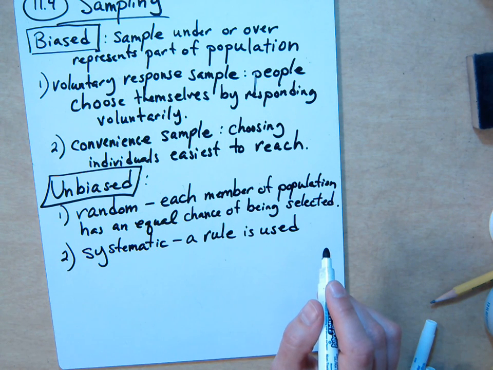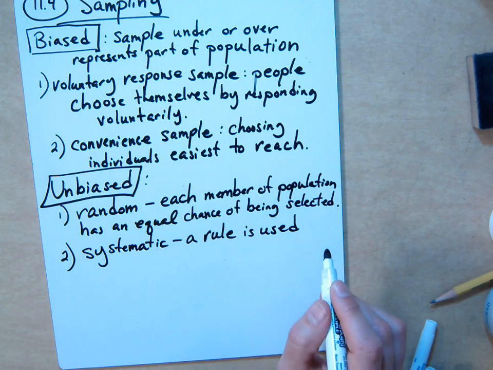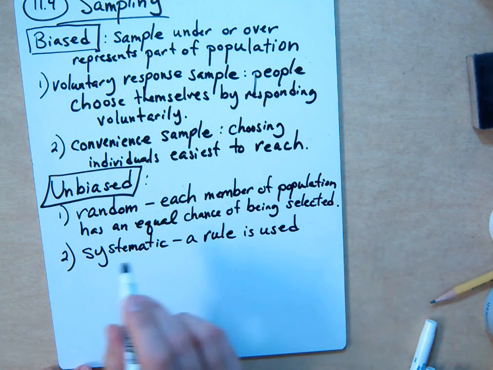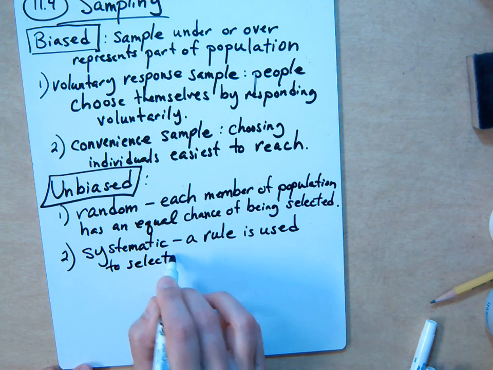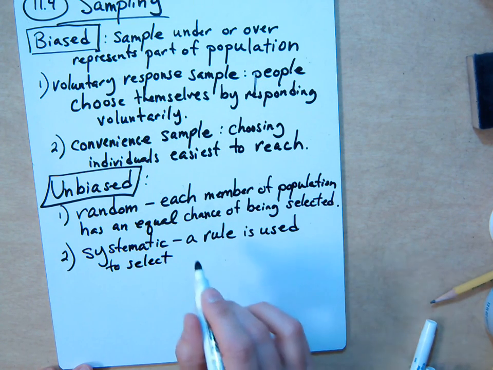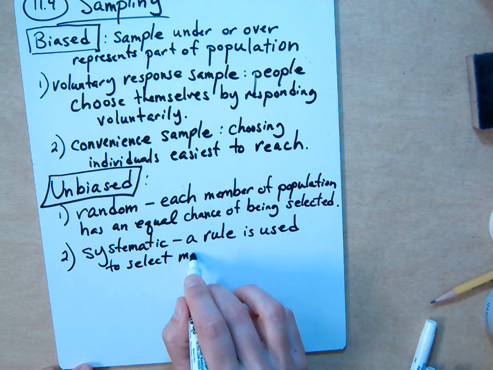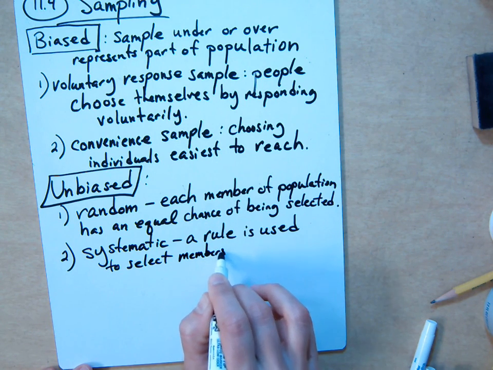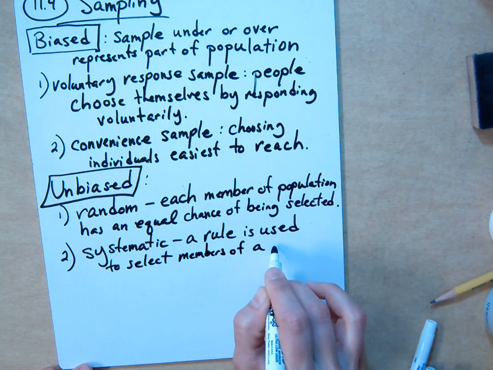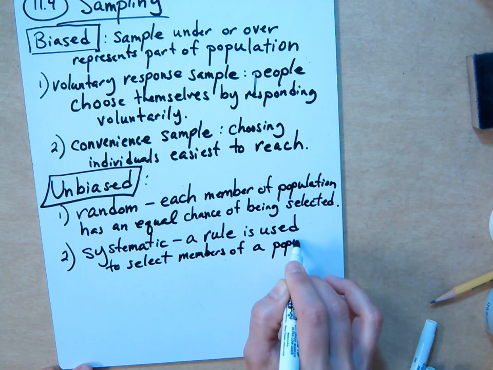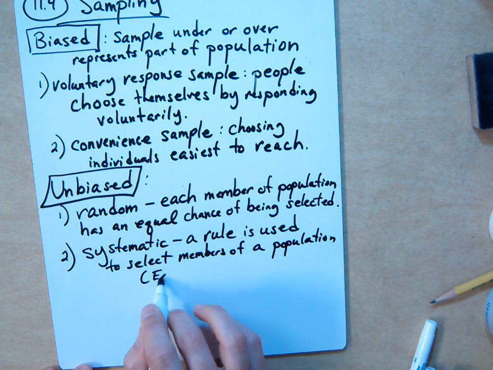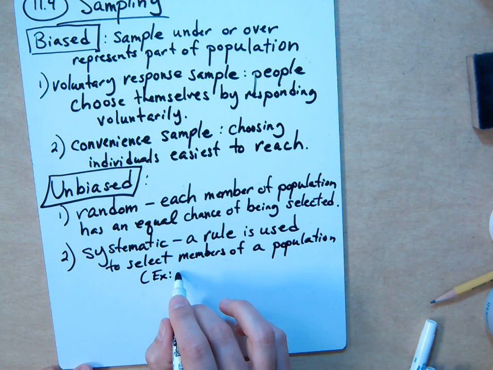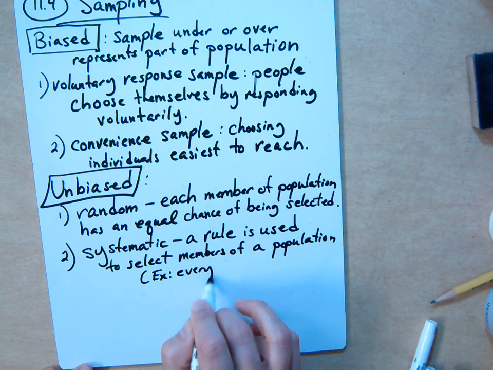That needs to be in a systematic way, right? So that certain people aren't targeted. So a rule is used to select. It's a form of randomness. A rule is used to select members of a population, like every 10th person. So example, every 10th person.